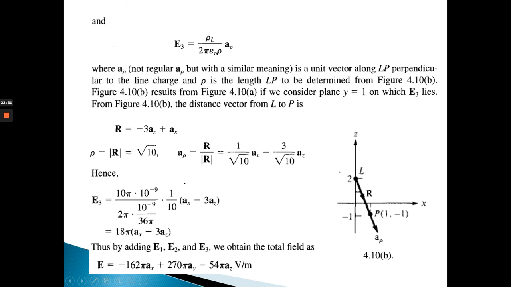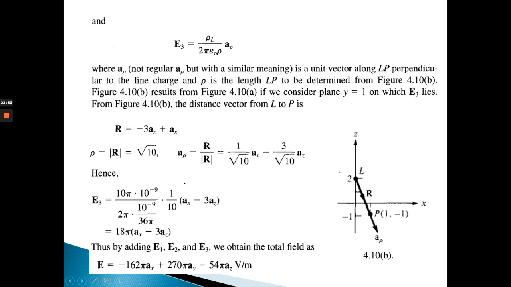So we come like this. So it is 2 and this is 1, right? And then 3, but it is going away from z, right? So this is minus 3 and this is going towards x, means plus, so it's 1. So we have r is equal to minus 3 az plus ax, or you can write it ax minus 3 az.